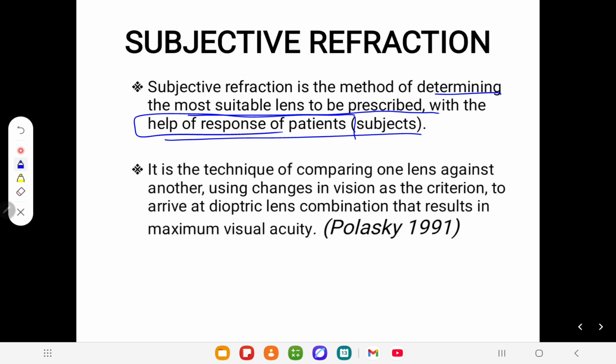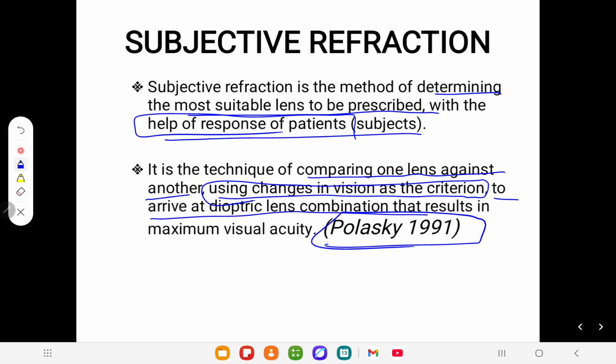Now, Polasky 1991 says it is a technique of comparing one lens against another, using change in the vision as the criterion, change in the vision told by the patient, to arrive at the dioptric lens combination that results in maximum visual acuity. That's the definition by Polasky.